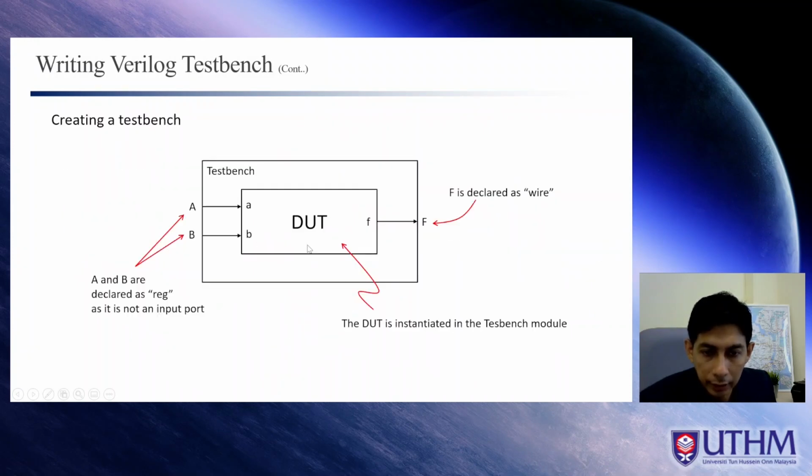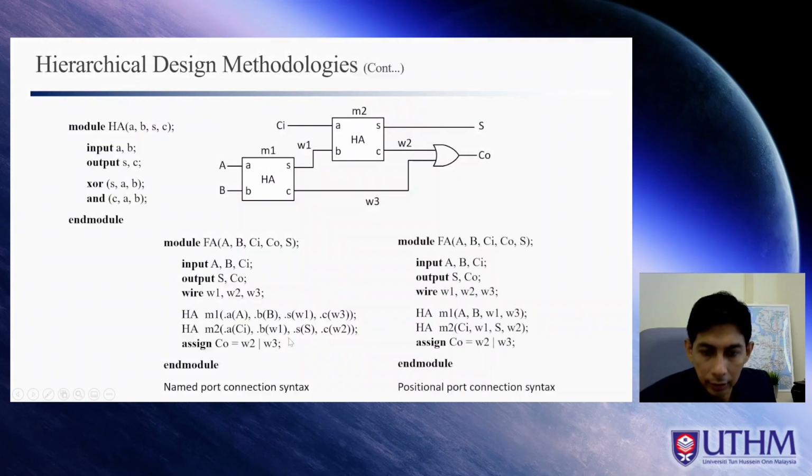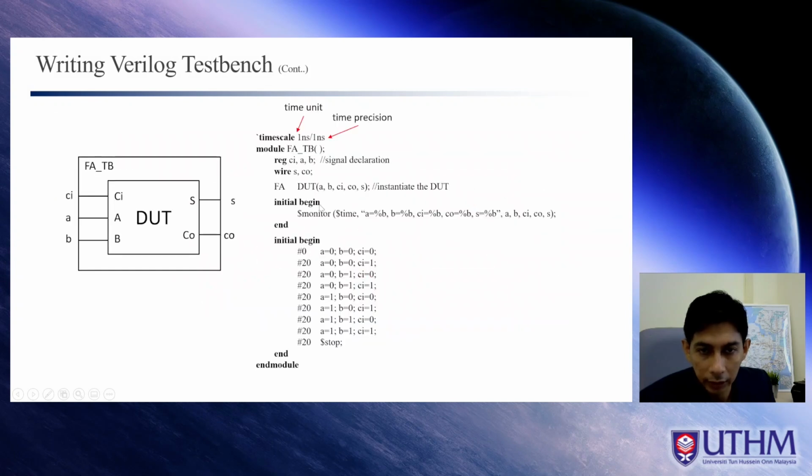But if you use named ports, it doesn't matter, because it is clearly stated that, for example, this A is connected to A. If you change the position, it doesn't matter because the connection is described here. But for this one, the connection is based on the position, so you need to have the position correct.